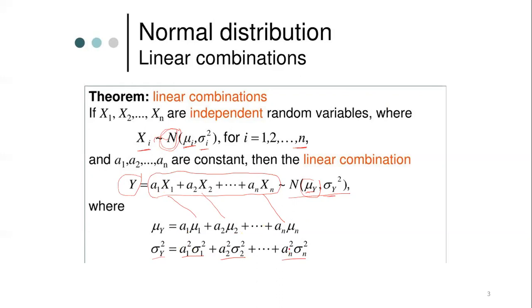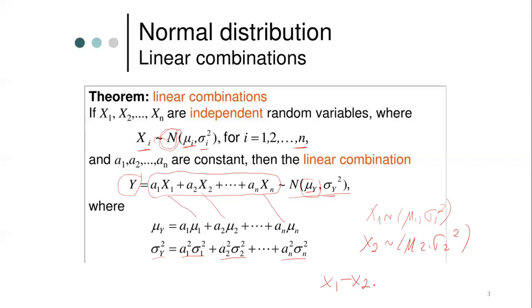So for example, let's say you have two normal random variables: x1, which is normally distributed with mu1 and sigma 1 squared, and another normal random variable x2, which is normal with mu2 and sigma 2 squared. Then what is the distribution of x1 minus x2?